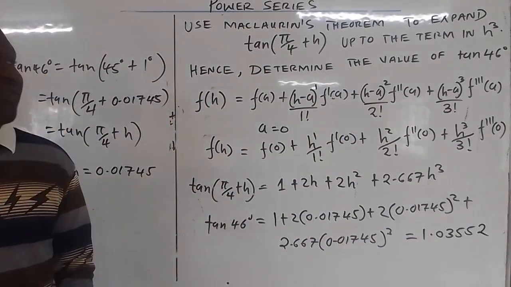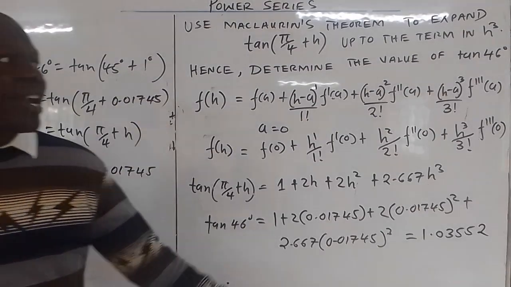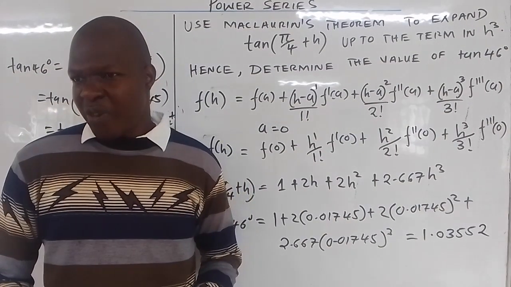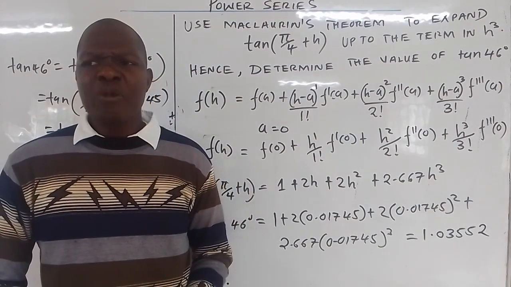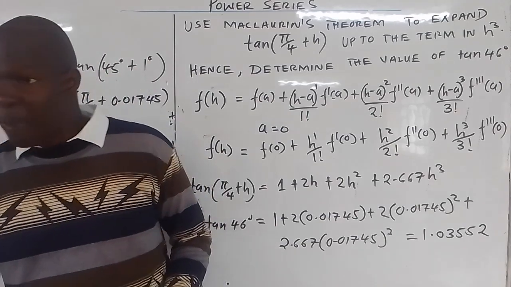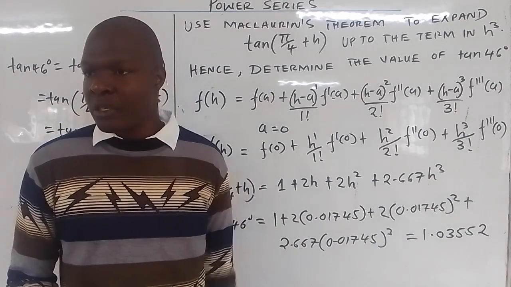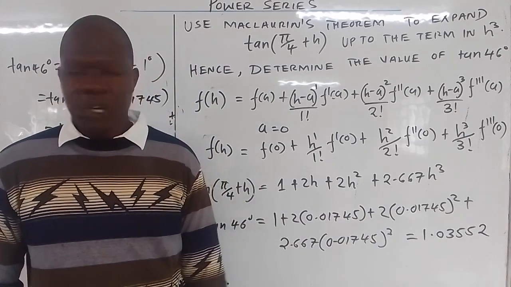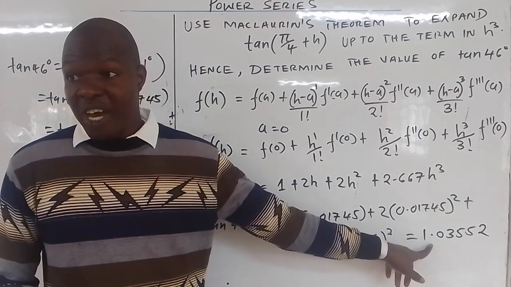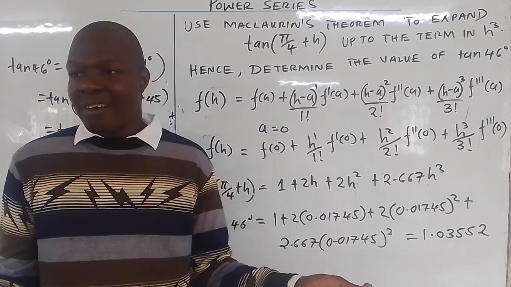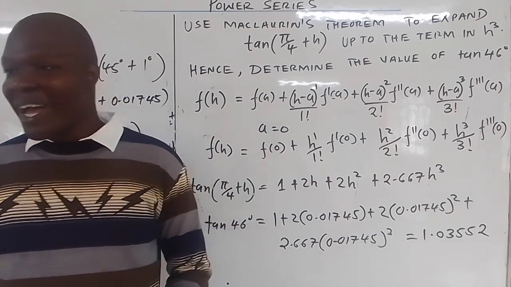So that is the value of tan 46 degrees. So can you confirm with the calculator tan 46 degrees? When you are confirming tan 46 degrees, the calculator must be in D, not R, for pi radians, isn't it? So what is tan 46 degrees? Is it something close to this? Because this is the approximated value, isn't it? Very good. Are we together?